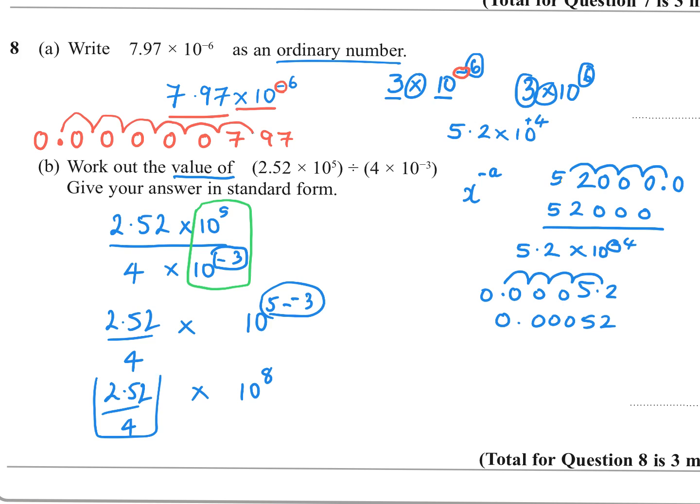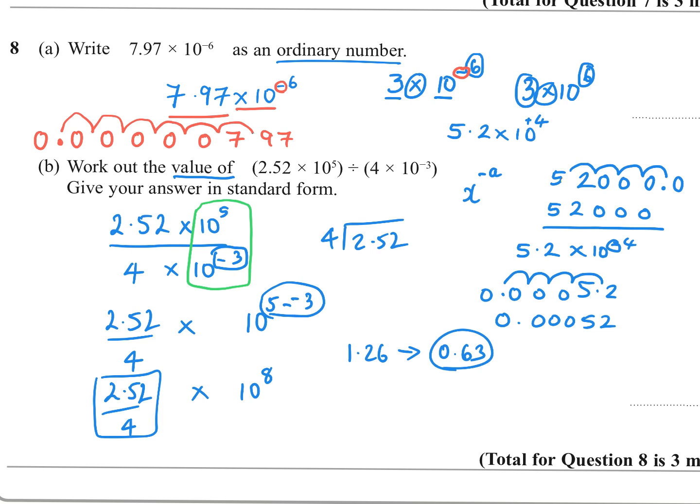Now we can work this part out. So if we just halve 2.52, we'd get 1.26, and if we halve it again, we'd get 0.63. So that's 2.52 divided by 4, and you can do that in many different ways. It's up to you how you do it without a calculator.